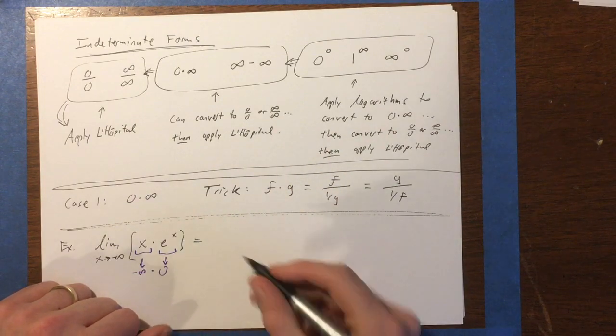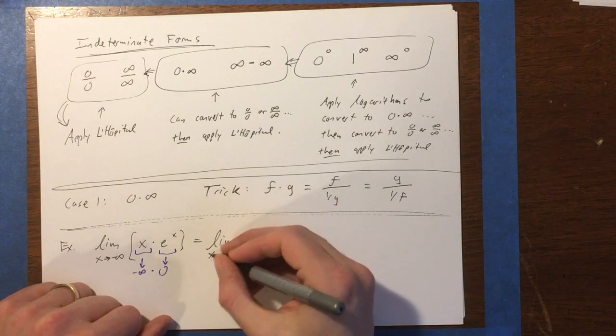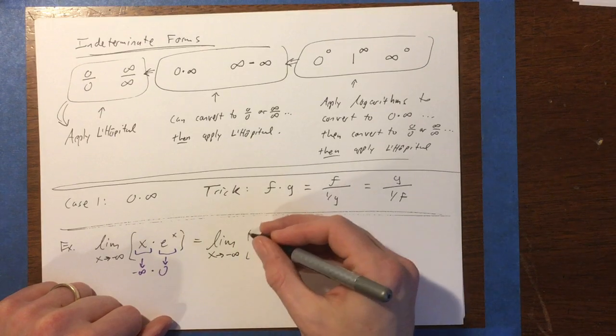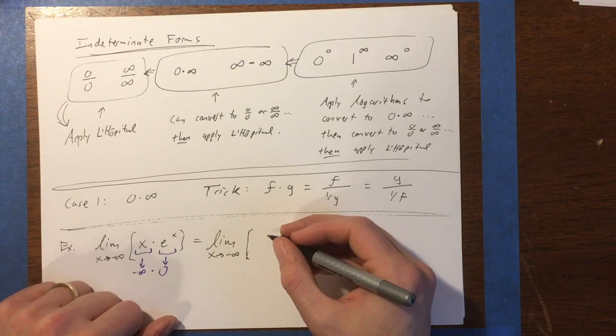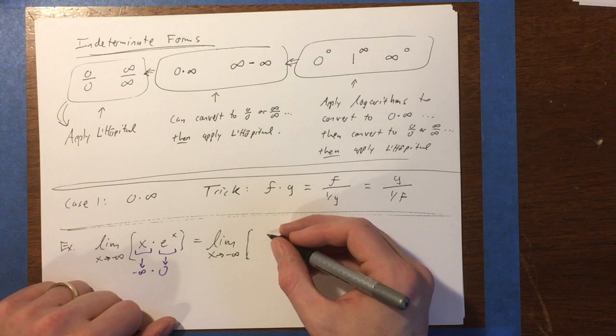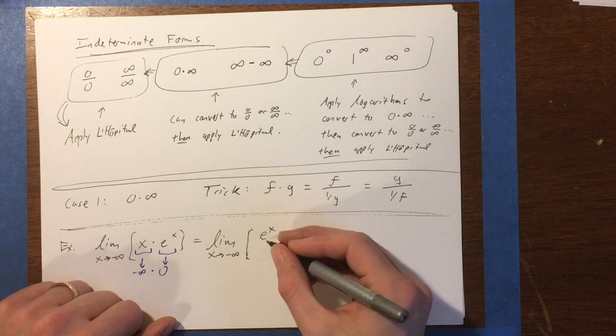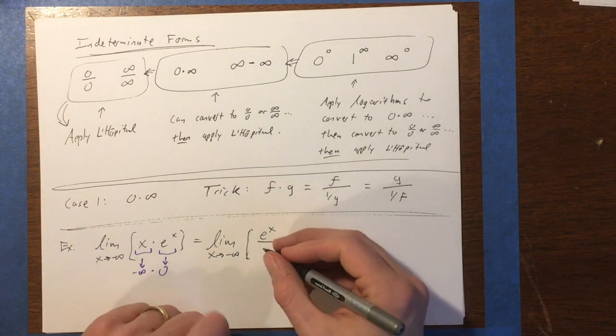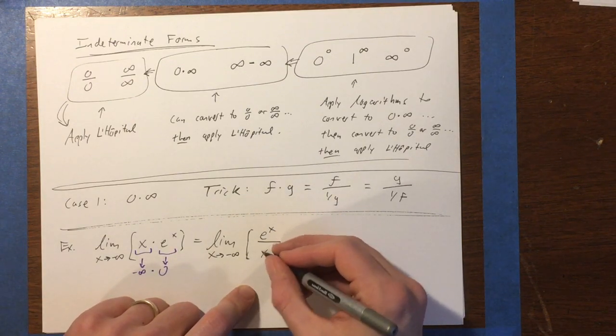Let's try converting it. What should I do first? I'm going to try this one first. There are two options here, and I'll write them both down, and then we can decide which one to try.